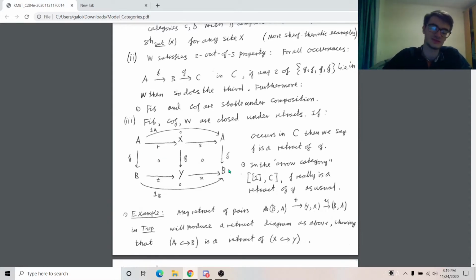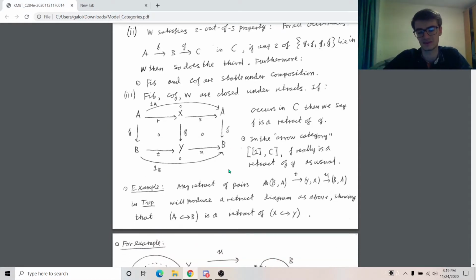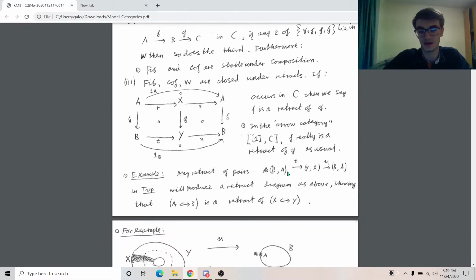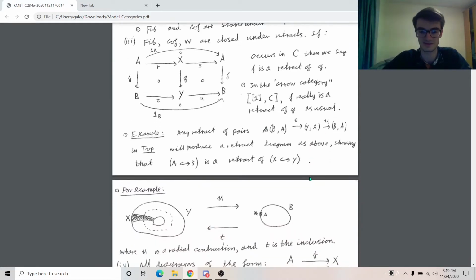Here is a trivial example of retracts in the category of topological spaces. If you have a retract of pairs, so you have a retract of topological spaces, and each topological space here comes with a subspace. So it has a subspace A, which gets mapped to the subspace X of Y, and it gets mapped to a subspace A of B. And if this is a retract on a subspace as well, then you get a retract of arrows.